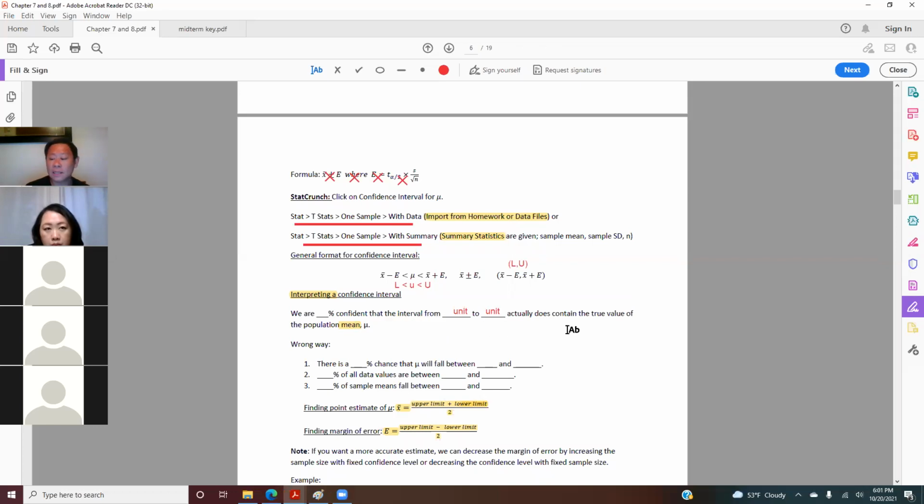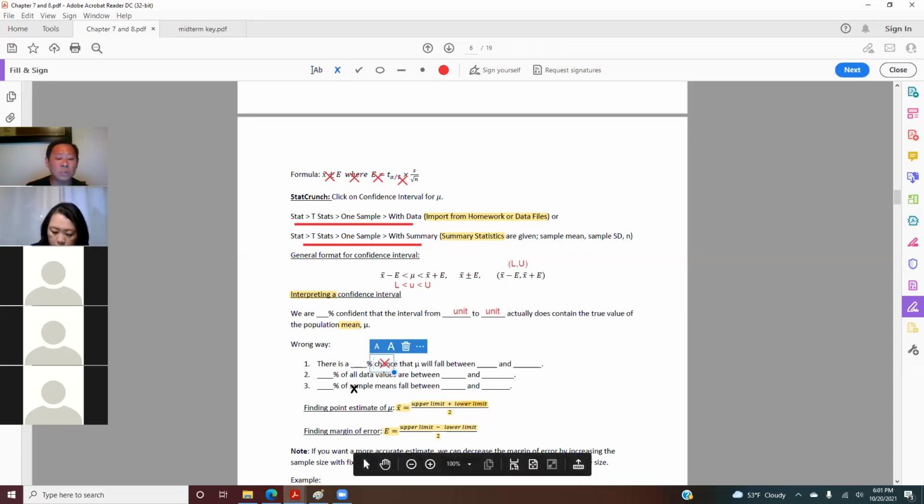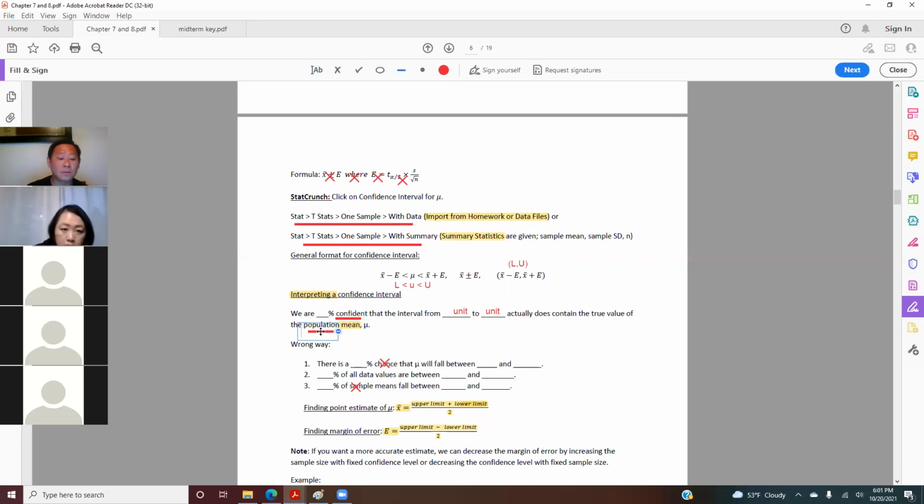The last thing I'm going to talk about here is the wrong way to do it. Do not use the word chance. Do not use the word sample. These are the keywords I'm looking for: confident, population mean (last time it was proportion, this one is mean), and contains the true value.